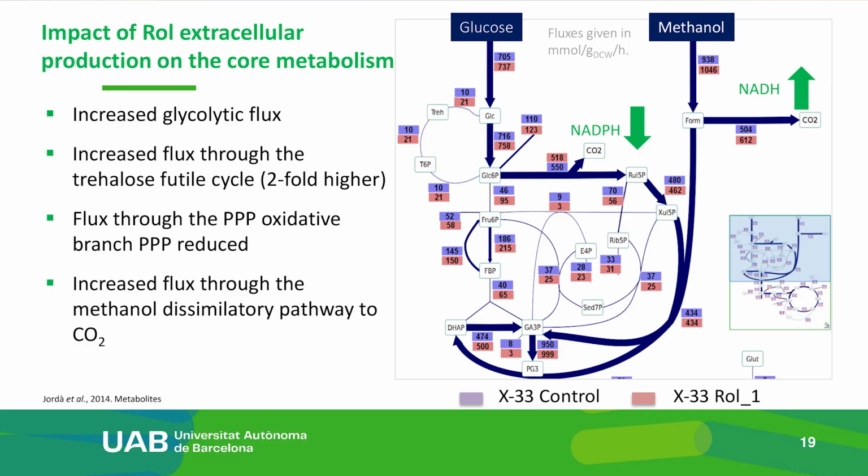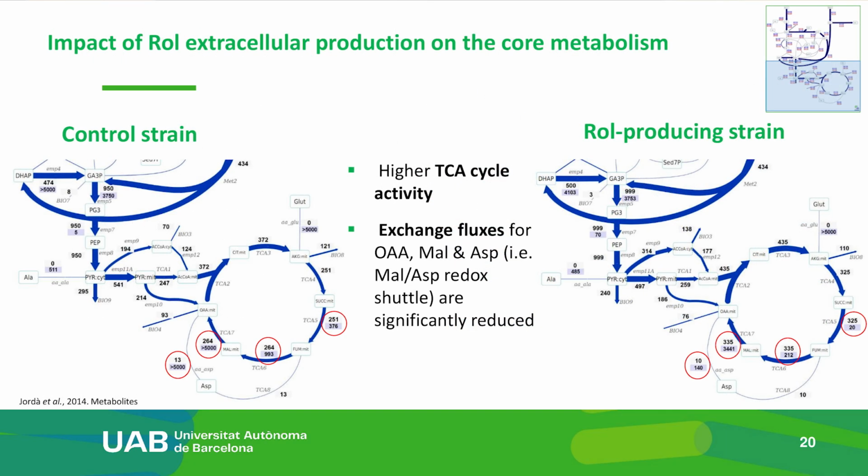So in a way, you're reducing the NADPH that's produced and increasing the NADH. The TCA cycle activity was also reduced, and we saw differences in the redox shuttles across the mitochondrial membrane.